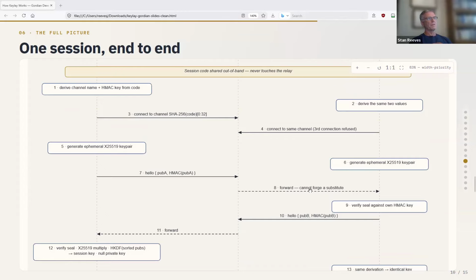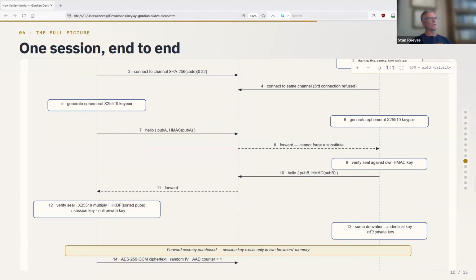Once they've both done that, they can verify that those are real. They use X25519 to generate the shared secret for AES, and they can do that on both sides because both of them have that same information once they combine the public and private keys together. So now you have forward secrecy at this point.